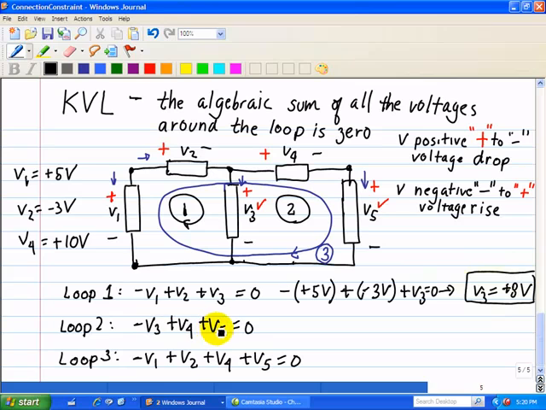And then we can apply loop 2, but we know V3, so that's a minus, plus 8 volts. For V4, it's a plus 10 volts.